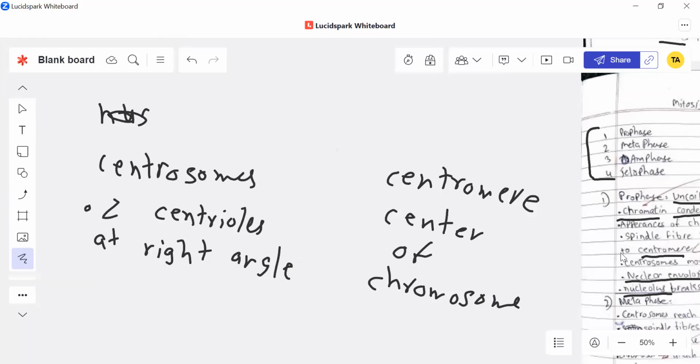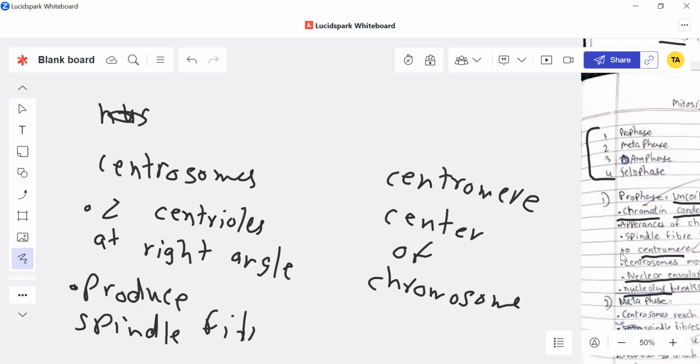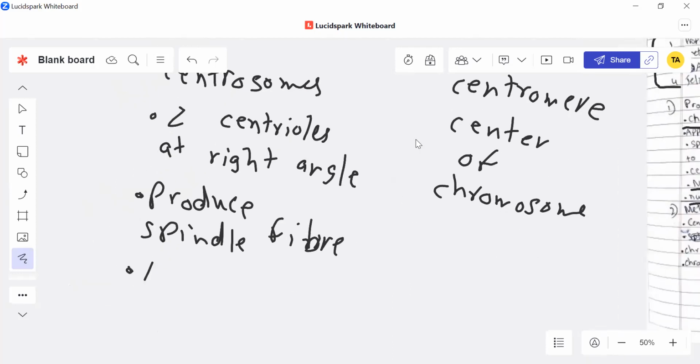And the centrosomes also produce spindle fibers, and these spindle fibers will attach to the centromere. So the spindle fiber produced by the centrosomes gets attached to the centromere.